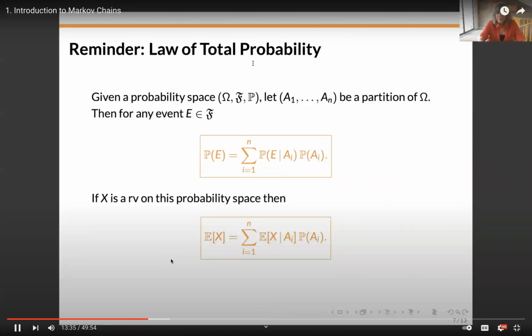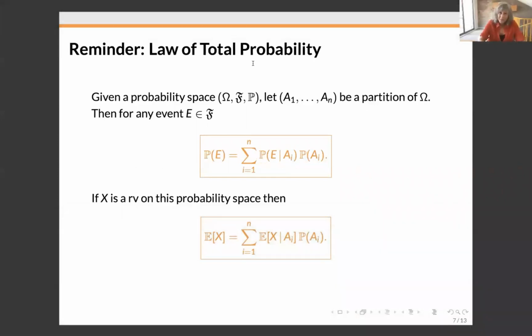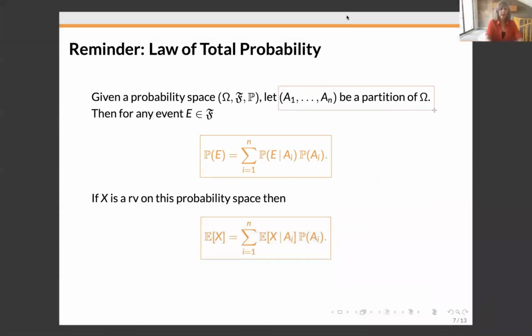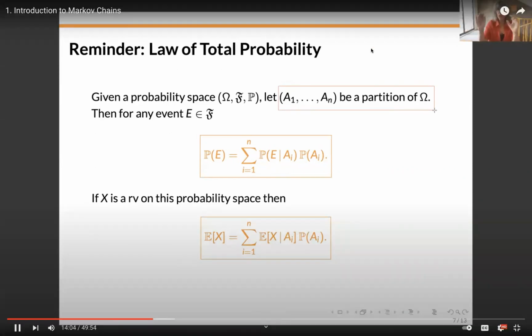This is a very important tool for calculation, called the law of total probability. It tells us that the probability of an event can be calculated by conditioning. First, we define a partition of the set omega. A partition, as you might recall, is a collection of disjoint sets whose union is the whole of omega.